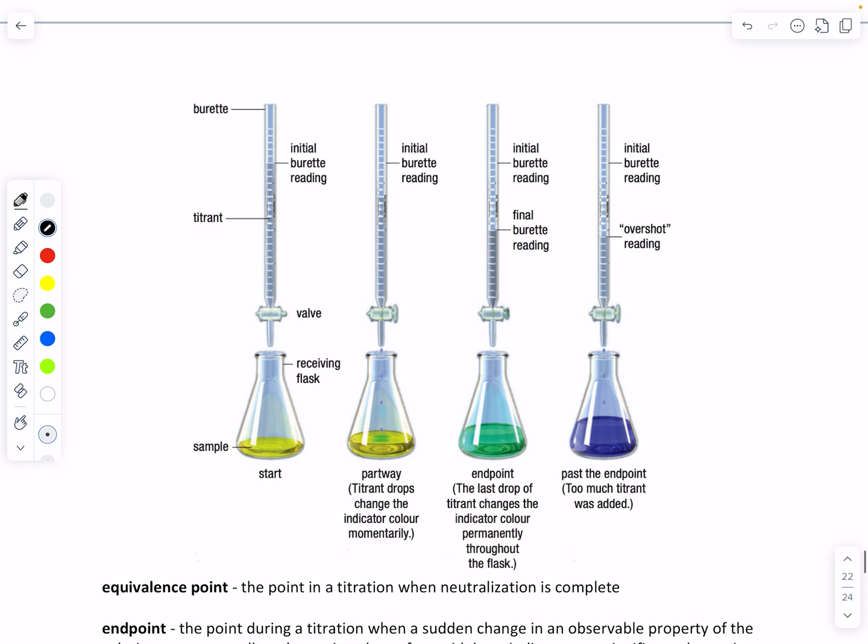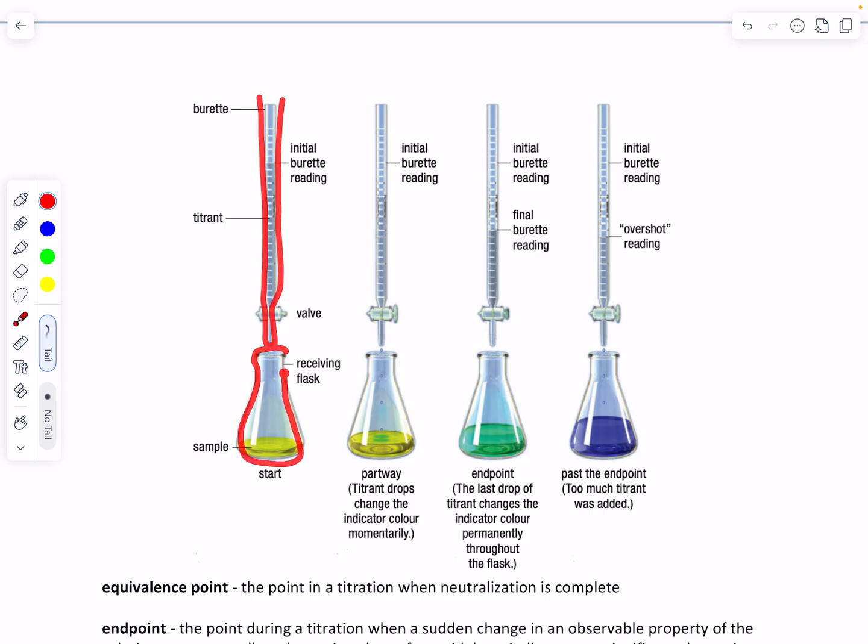So we have the titrant inside the burette, and we have a receiving flask with a sample, and inside we placed bromthymol blue, which is an indicator.